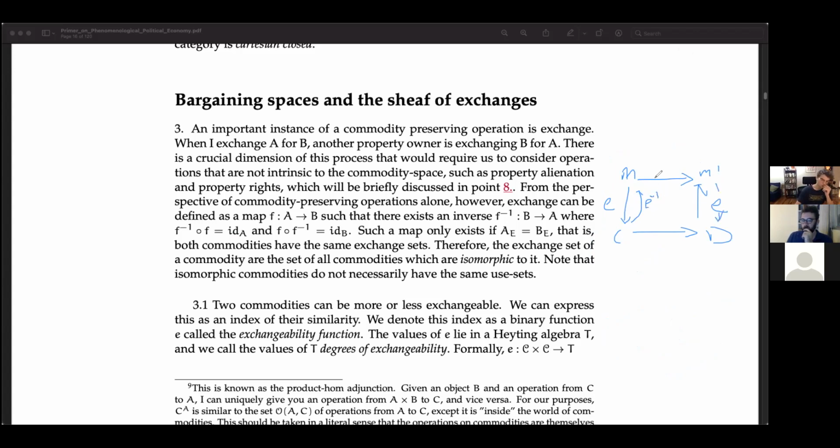So now if we apply the functor use, we are saying that the use of M is the same or isomorphic to the use of C, and the use of D is isomorphic to the use of M prime U.